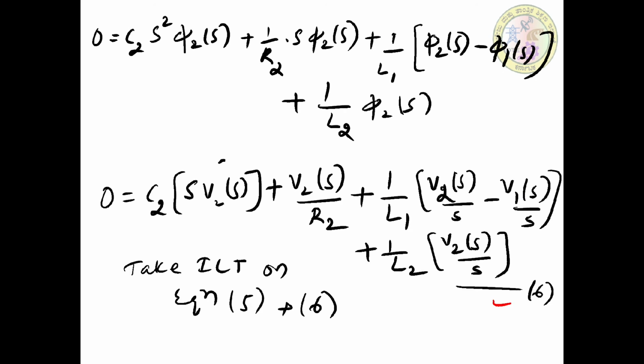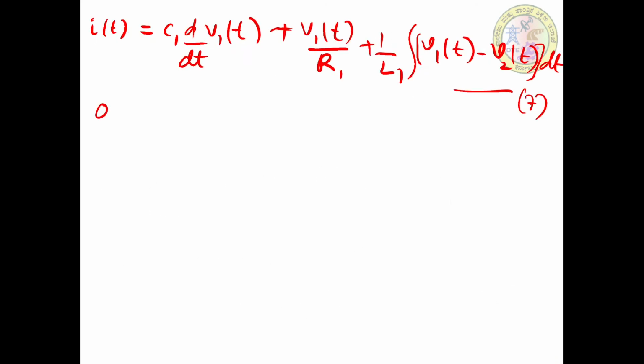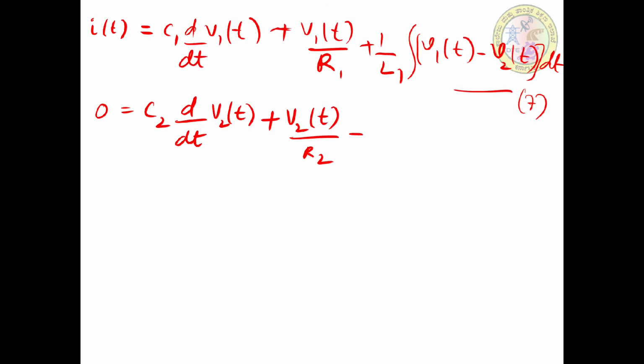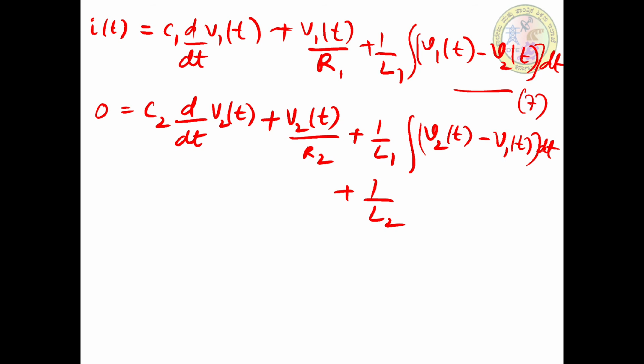So C2 s into V2 becomes C2 into d by dt of V2 of t, plus there is a resistor, so that becomes V2 of t by R2, plus this common inductor, but now it is V2 of t minus V1 of t into dt, plus there is a spring K2 and it is V2 of t into dt. So this is equation 8.